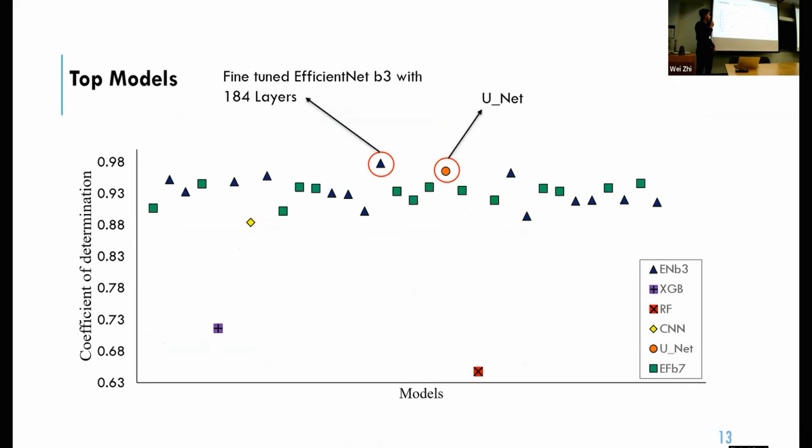And yeah, so this is a general figure showing different models and basically showing the 2 top models that we picked. So the best one was the fine-tuned EfficientNet V3 with 184 layers, plus the temperature data, and the other one was the UNet.